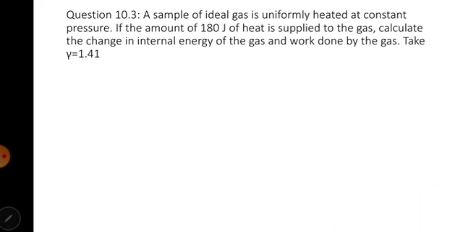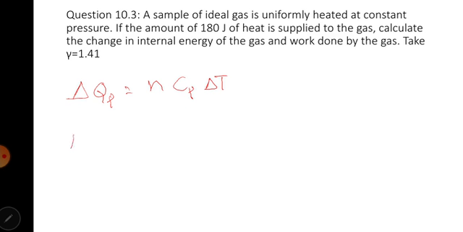Now 10.3. A sample of ideal gas is uniformly heated at constant pressure. If the amount of 180 joule of heat is supplied, del Q at constant pressure is equal to nCp del T. This is the formula, and it is equal to 180 joule.